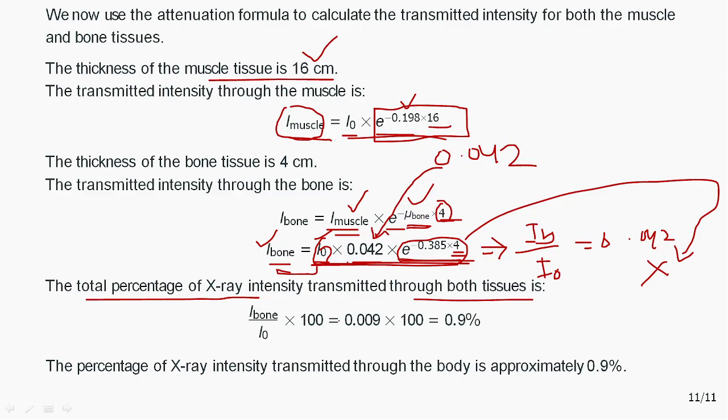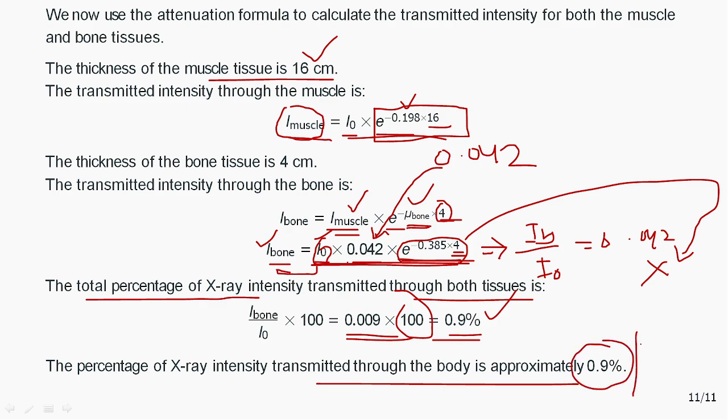We are getting almost around 0.009. If you take the percentage, then it is 0.9%. So mark, only 0.9% of the initial X-ray intensity has been transmitted through the body, and this will be absorbed or captured by the photographic film for image creation.